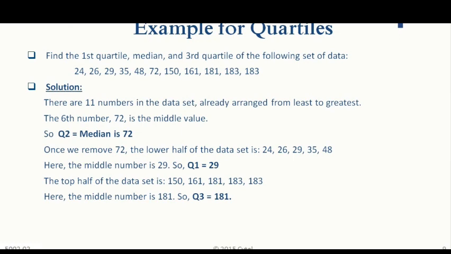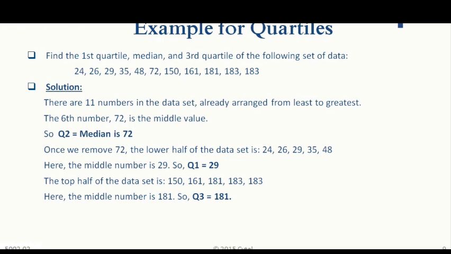Let us try to understand this from an example. The same data, starting with 24, 26, 29, 35. So how many observations are there? 4, 5, 6, 7, 8, 9, 10 and 11 observations. These are already arranged in ascending order of magnitude.